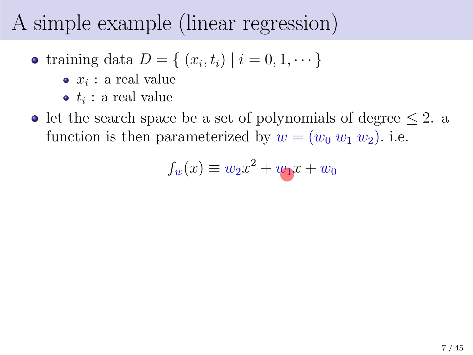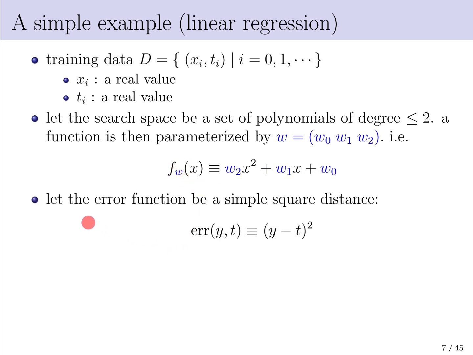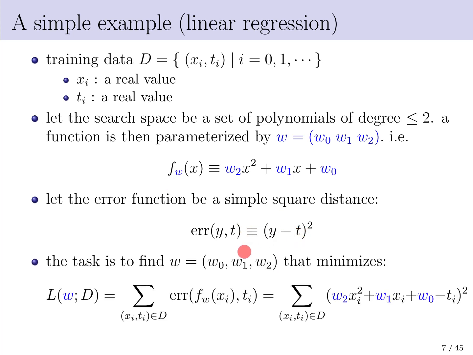Or more specifically, something like this: w2 x squared plus w1 x plus w0, the constant term. So this is f_w of x. And let the error function be a simple squared distance between whatever is output by the function and the true value, specifically like this.